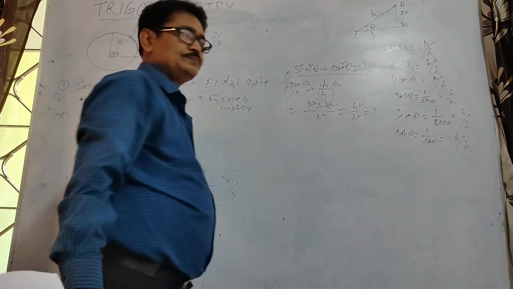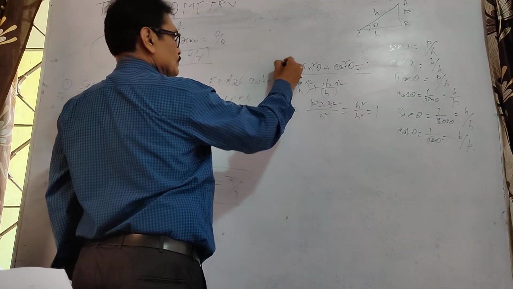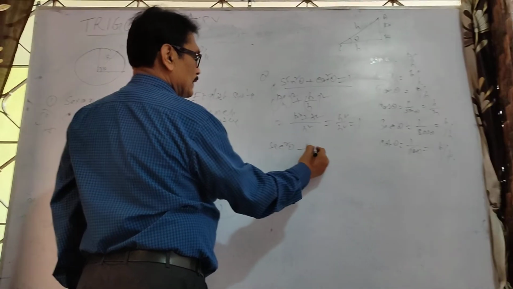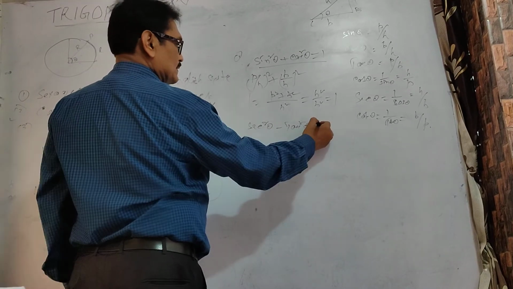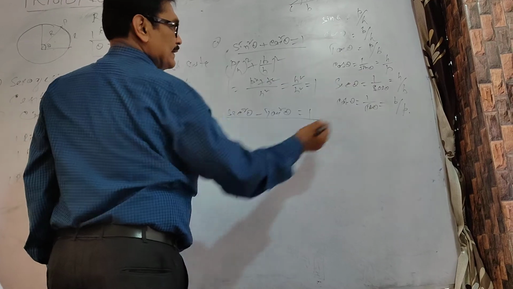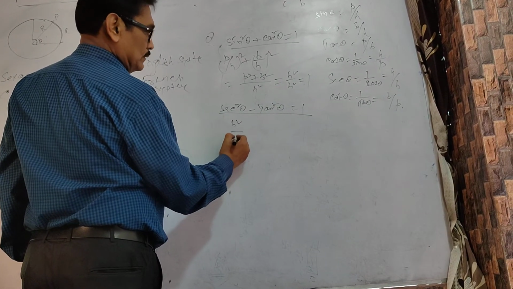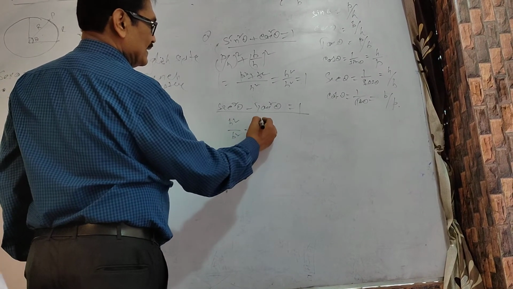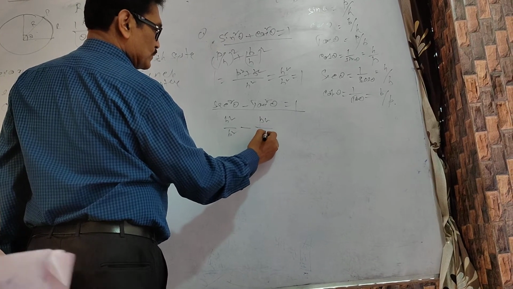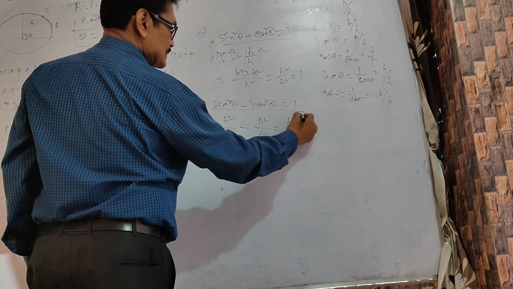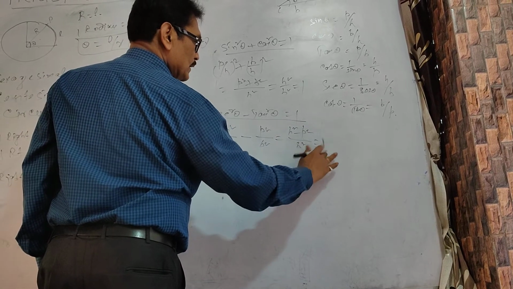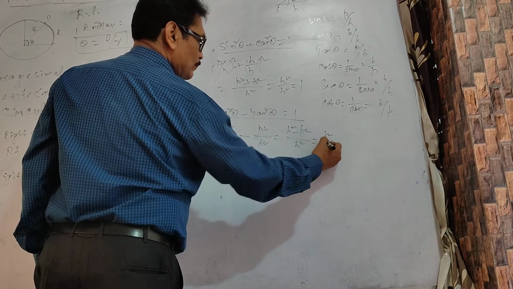Similarly, sec square theta minus tan square theta. This is also one. Here sec theta is given, that is H square upon B square. Tan square is equal to P square upon B square. So H square minus P square upon B square is equal to 1, that is B square upon B square.